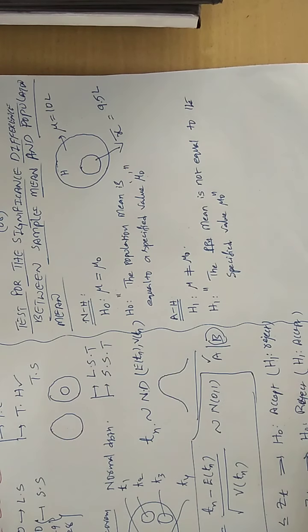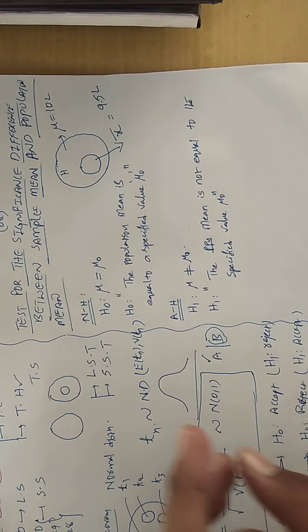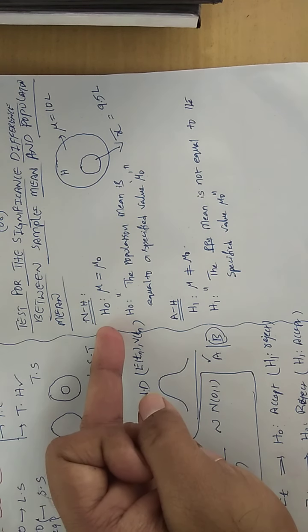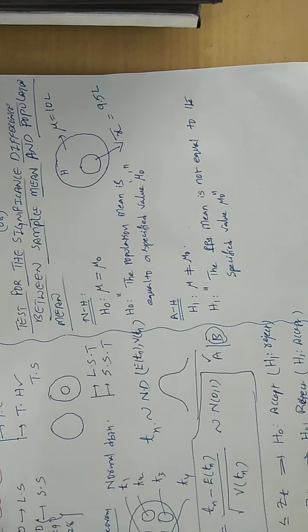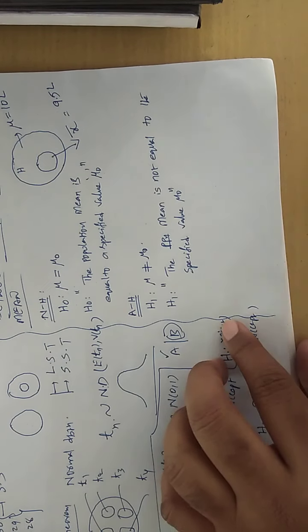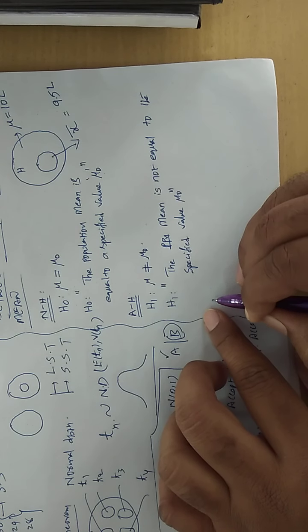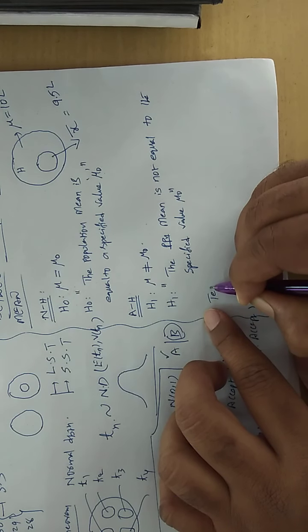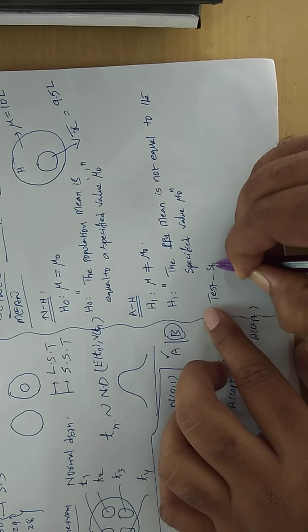That's all. So the testing procedure means first you need to write the null hypothesis and the alternative hypothesis. After writing this, immediately we write down the formula, which I already told you. Here it is called the test statistic.